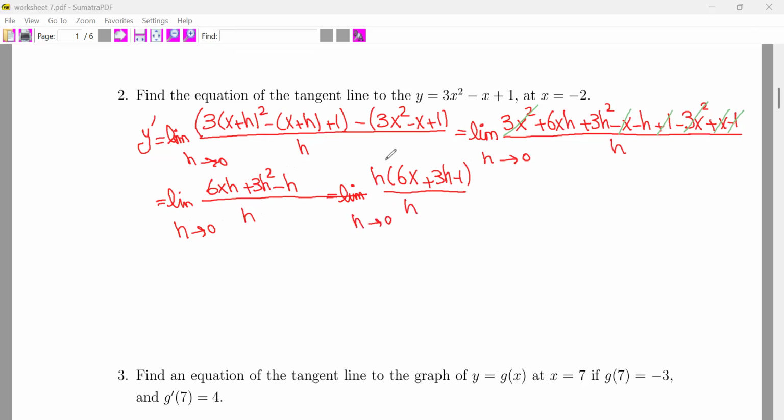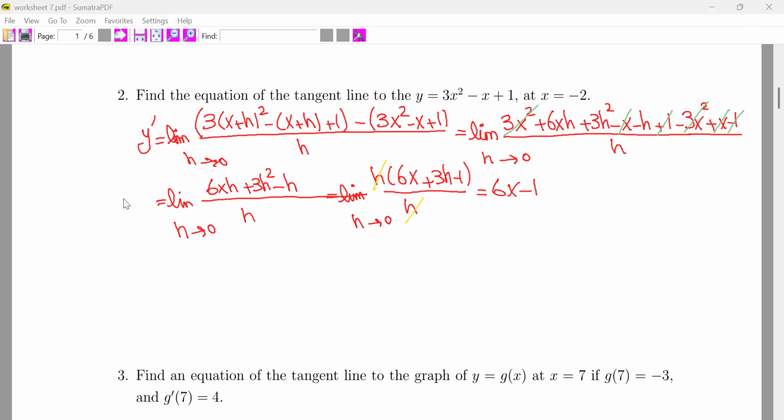Now we can cancel out h and h here, and by replacing h by 0, we get 6x minus 1 as the formula for y prime.